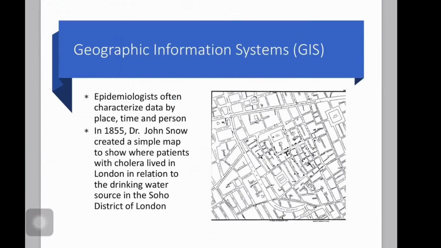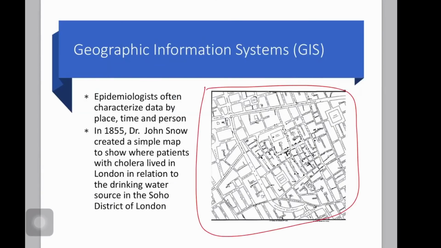Geographic information system: as you see, we can take the example of Google Maps. It started with hand-drawn maps, and in 1855 Dr. John Snow created a simple map just to outline where there was cholera. Now everything is digital.